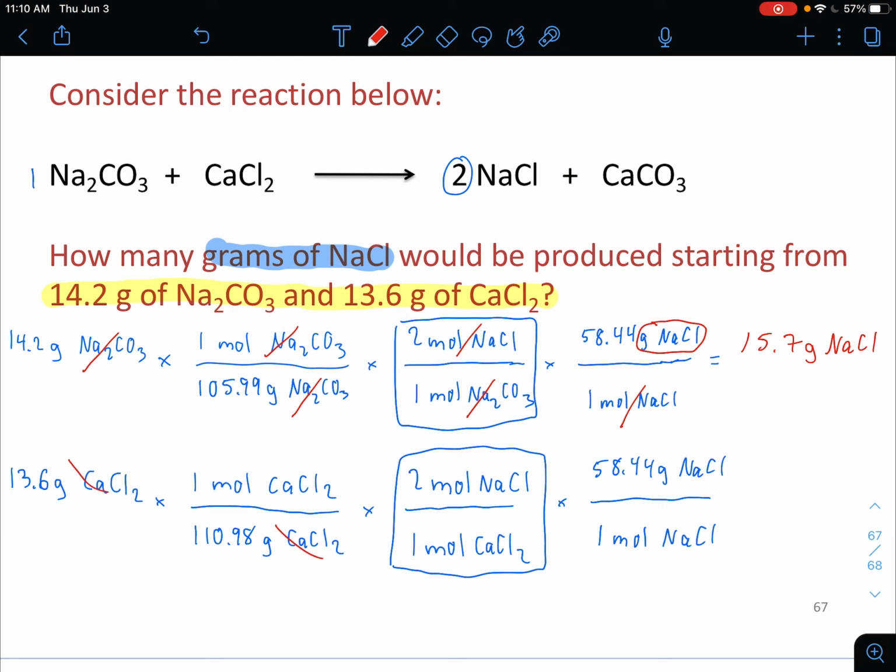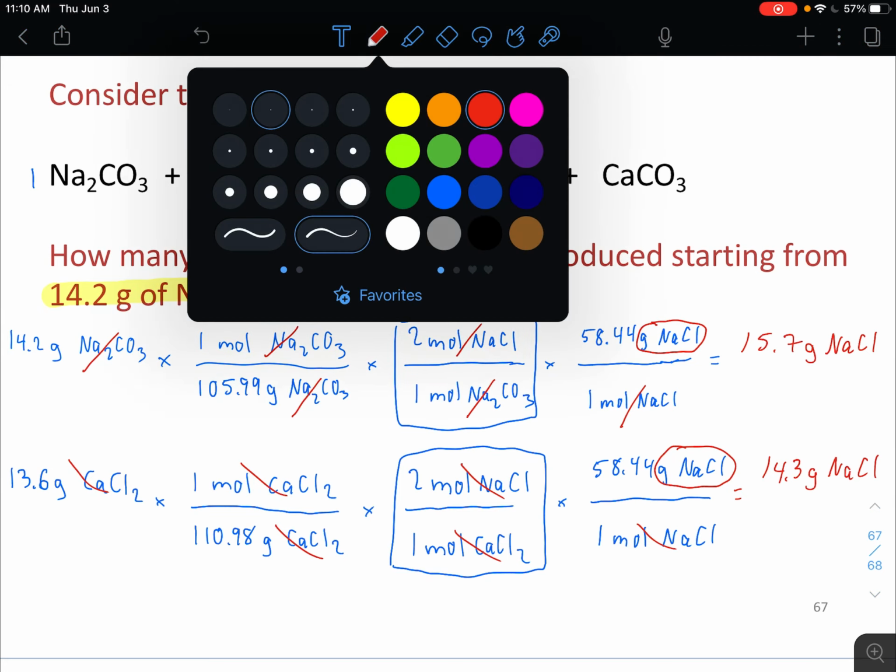Things cancel out correctly. Grams of reactant, moles of reactant, moles of product, left with grams of product. 13.6 divided by 110.98 times 2 times 58.44. That gives me 14.3 grams NaCl. So what does this tell me? What do I want to conclude out of this?